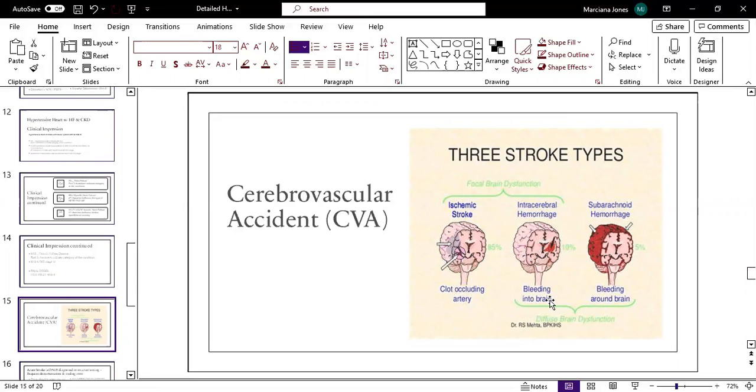Hemorrhage means bleeding. The next one, which is bleeding around the brain, is going to be a subarachnoid hemorrhage. I always pronounce this wrong. Subarachnoid hemorrhage, which is bleeding around the brain.